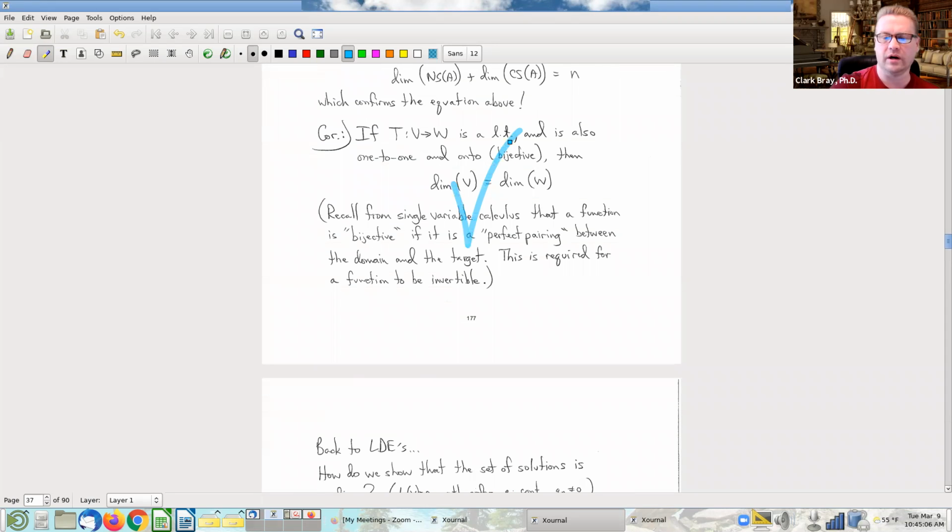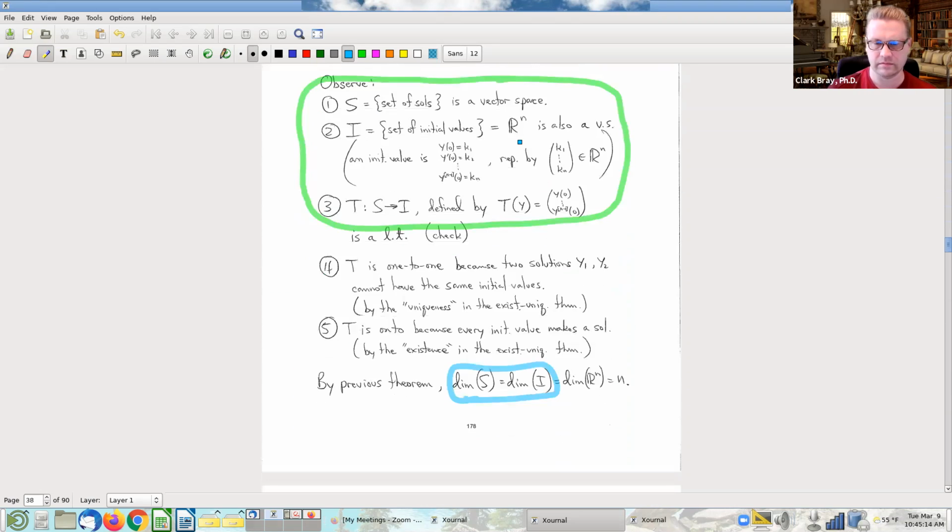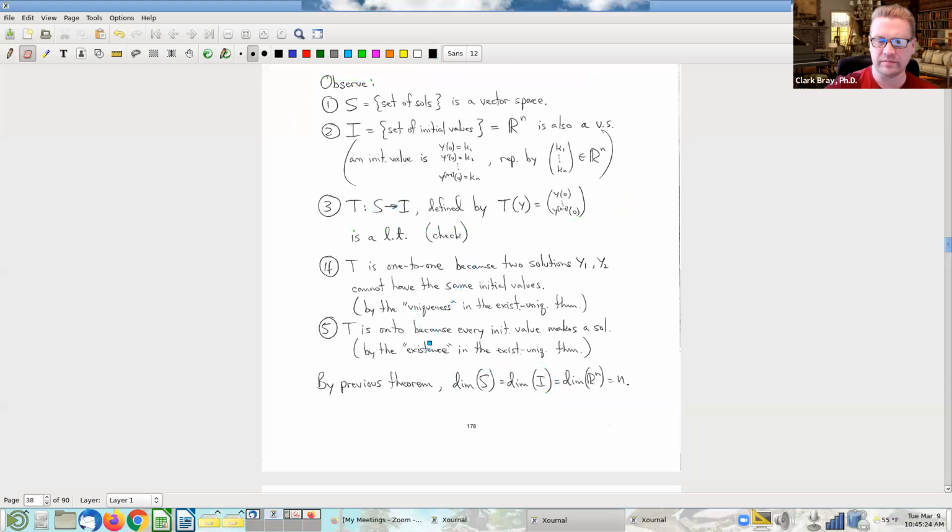If you have a bijective linear transformation, then the dimensions of the domain and target are equal. We have ourselves here a linear transformation that is bijective, so the domain and target dimensions are equal. And then we just observe that, don't forget that our target is Rn. And of course, it's perfectly clear the dimension of Rn is n.